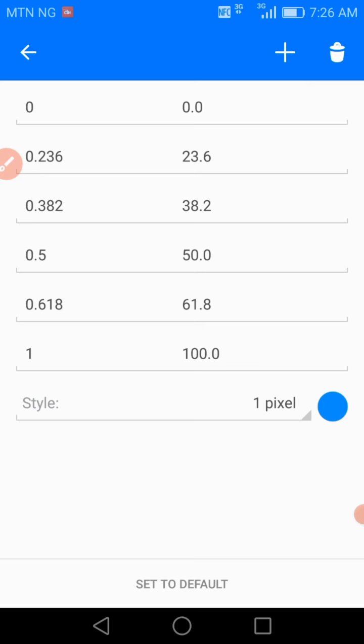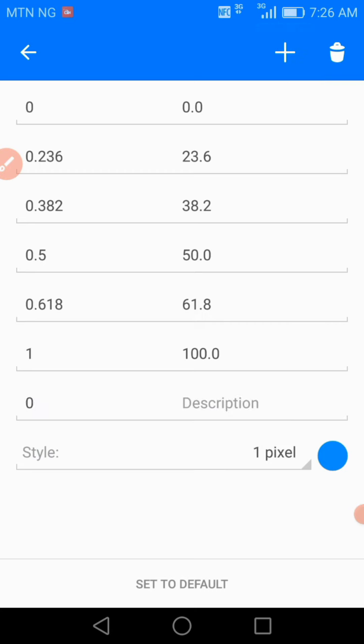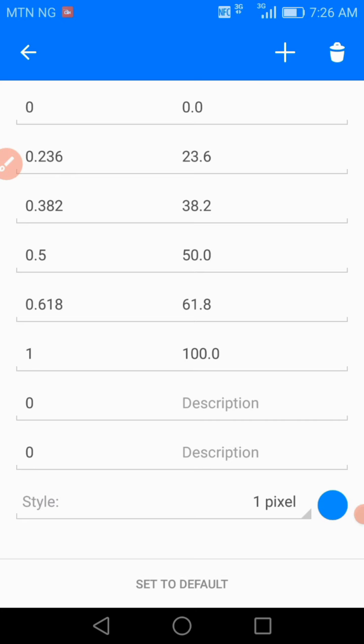Now we are going to add the custom Fibonacci levels, okay, by clicking on the plus, and then we'll have another partition. Then we click again to have that, and we are going to add the levels right away.